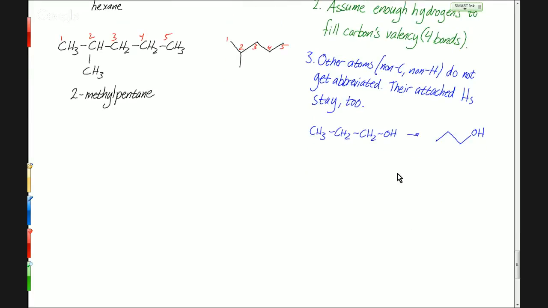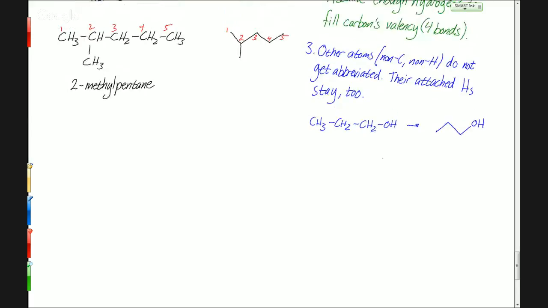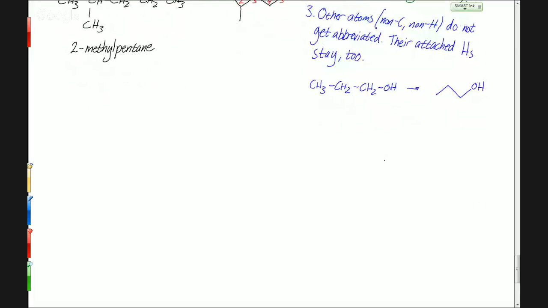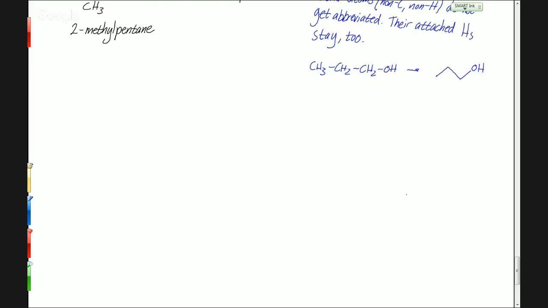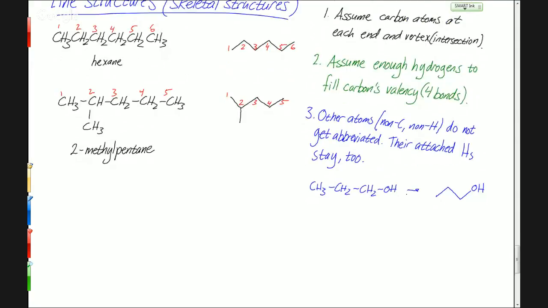Okay, so let's try it. I'm going to draw one condensed structure and ask you to draw a line structure, and then I'm going to draw a line structure and ask you to draw a condensed structure. I'll try to leave these rules up there. Okay, so here's a condensed structure.